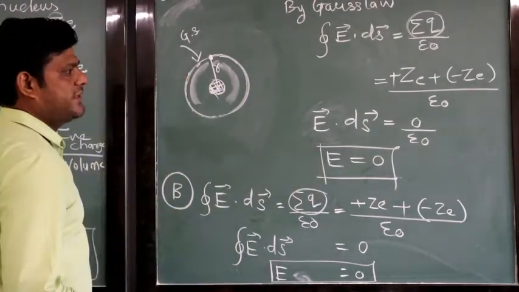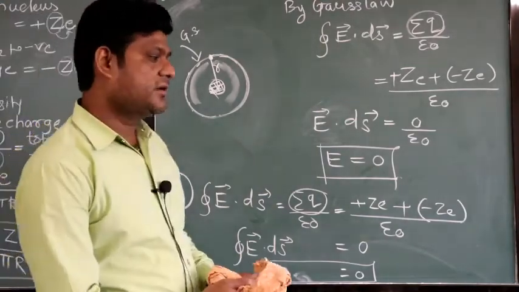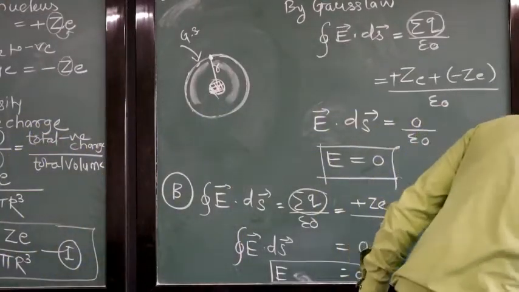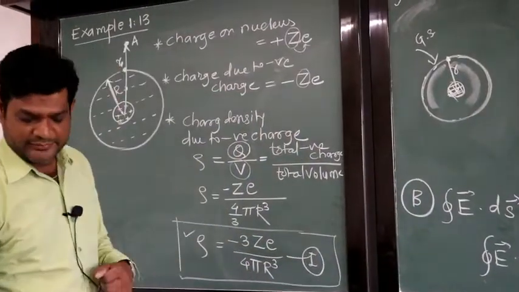Now the third point that we are going to find out, please take the screenshot and then we will calculate the electric field for the third point, which is inside the atom.